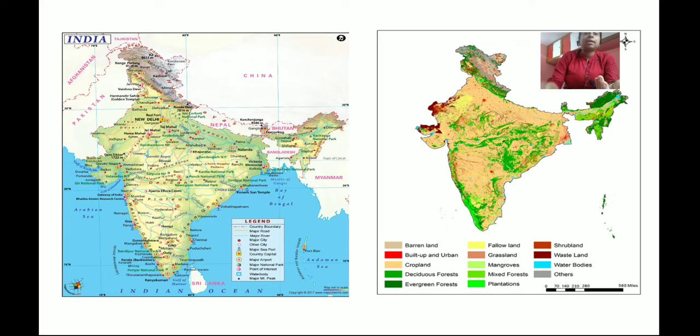On your right hand side is the picture of a thematic map, which shows details of a certain theme such as rainfall, forest, soil, weather, roads and crop distribution.